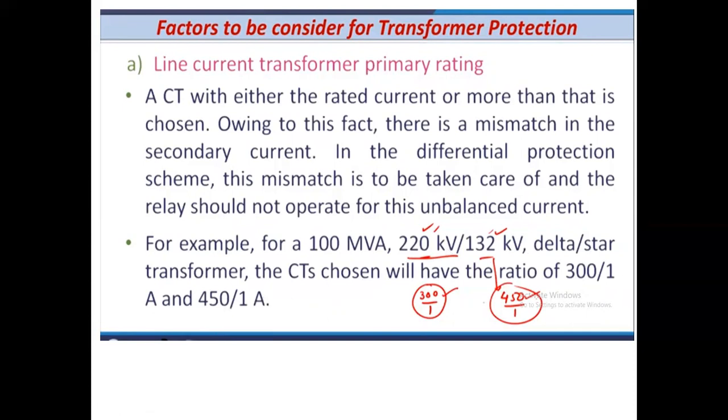For 220 kV we consider a CT ratio of 300 by 1 ampere, and for the CT located on the 132 kV side, the CT ratio I have considered is 450 by 1 ampere.